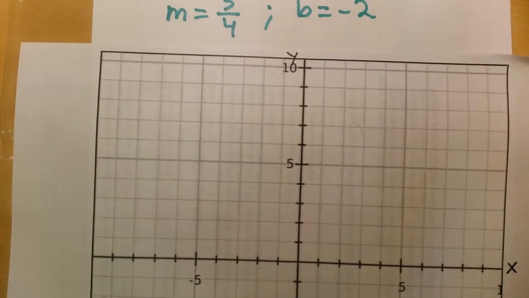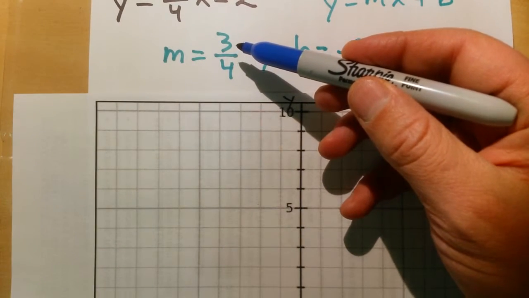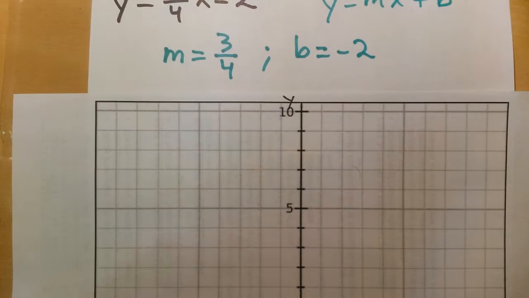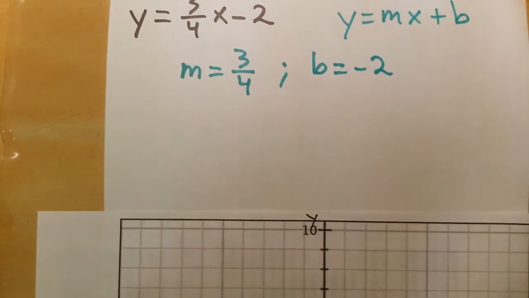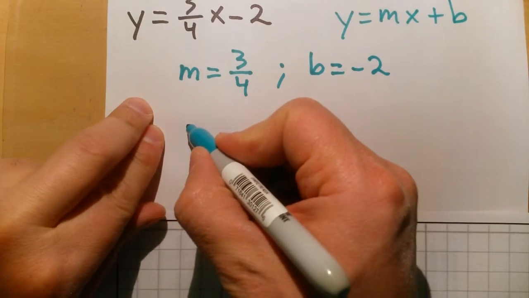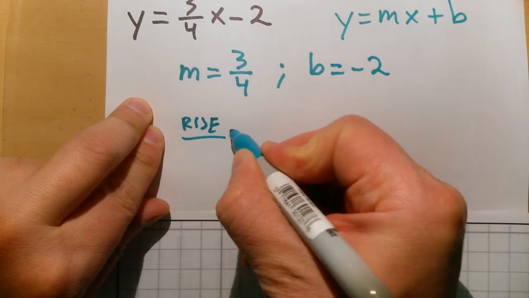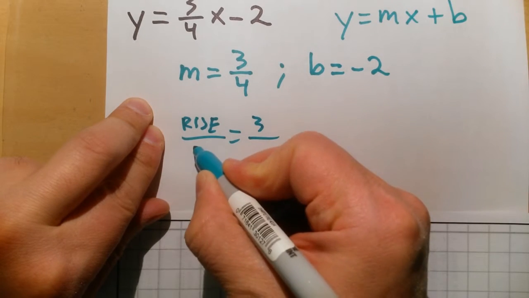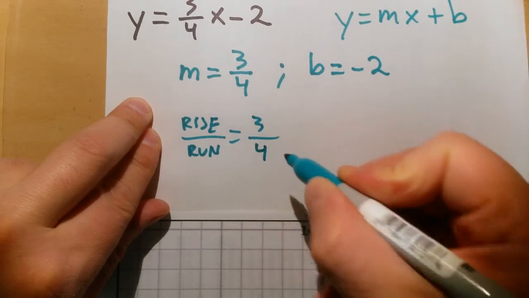And now from that point onwards, we apply the slope, which is 3/4. If we know that the slope is equal to rise over run, that means that our rise would be 3 and our run would be 4, right?